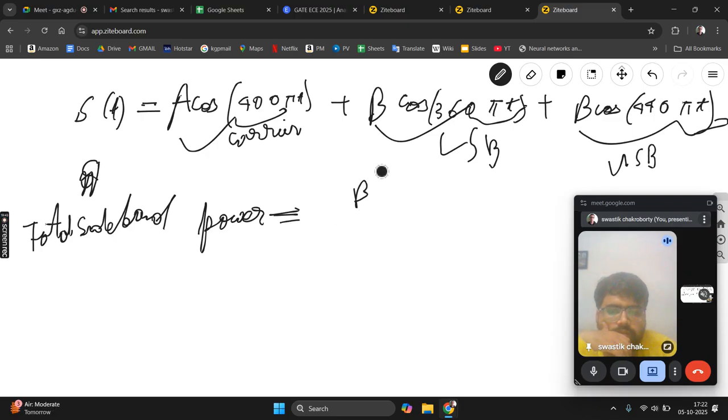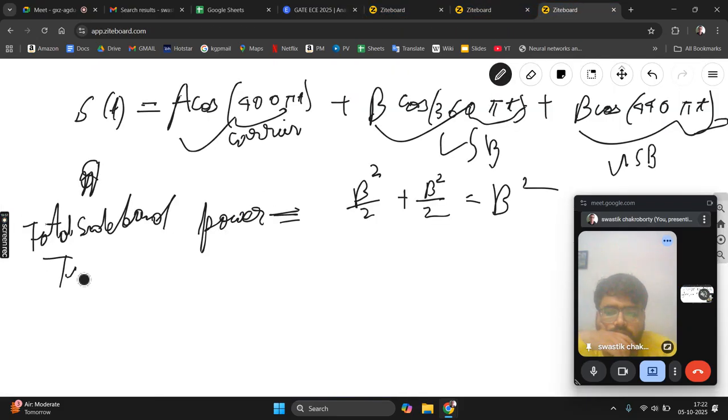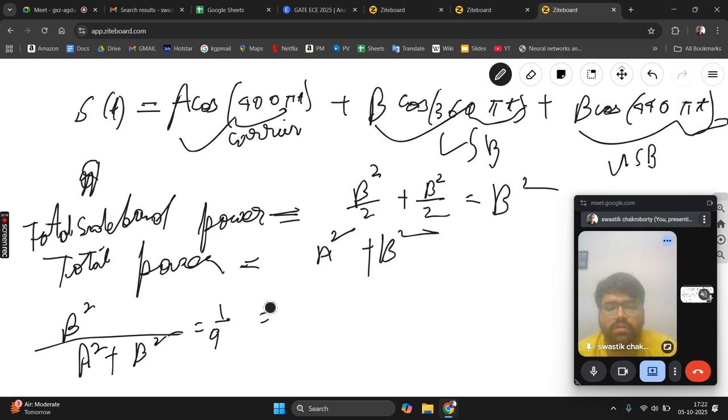So the total sideband power is B squared by 2 plus B squared by 2, which is B squared. The total power is A squared plus B squared. So the ratio of total sideband power to total power, B squared by A squared plus B squared, is given to be 1 by 9. It means 9B squared is equal to A squared plus B squared.